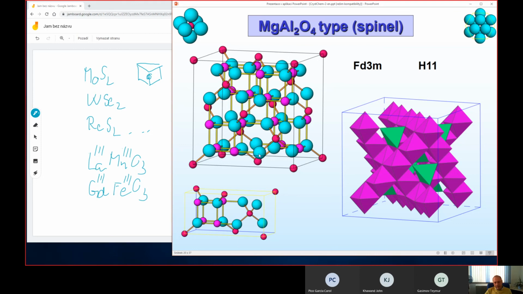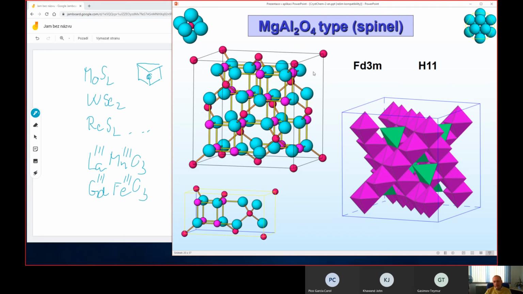These two octants are placed in this direction, but the other two octants which are behind have this arrangement switched. So octahedral sites are occupied here and the tetrahedral site is occupied here. And again, above and behind, there is always an alternating arrangement of these octants.